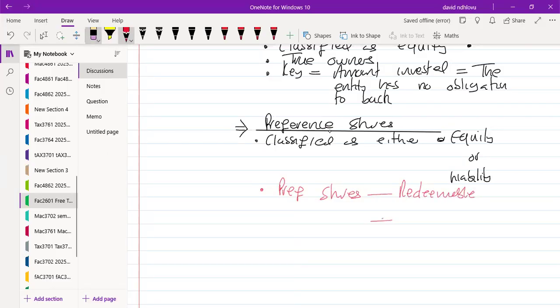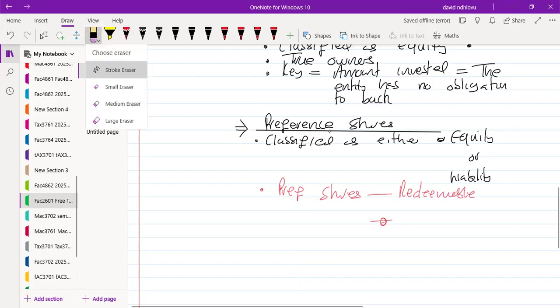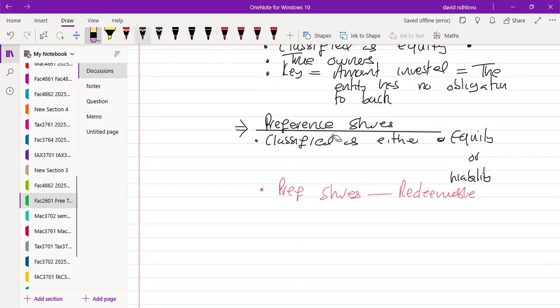When the preference shares are redeemable, it means that these particular shares are similar to debt. We need to pay back the amount invested. Are we clear about that, good people?